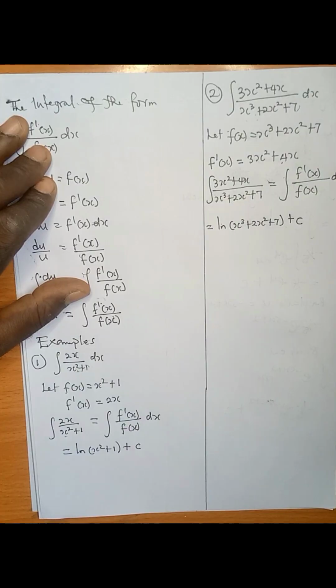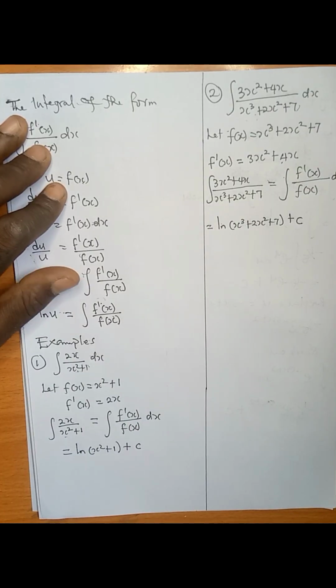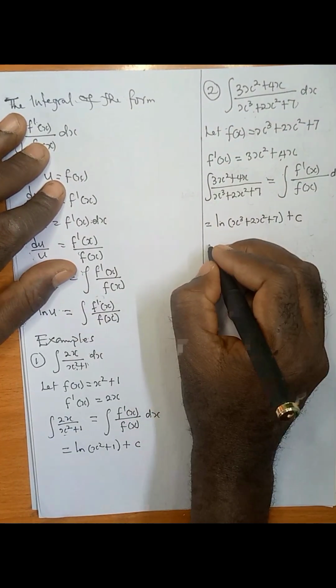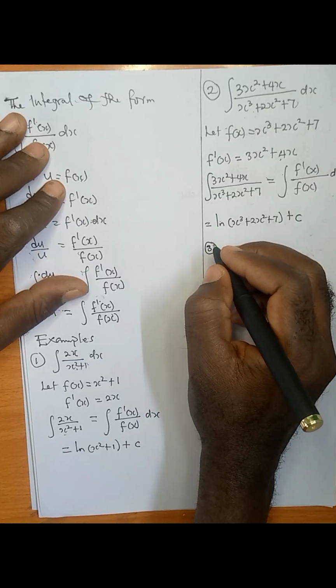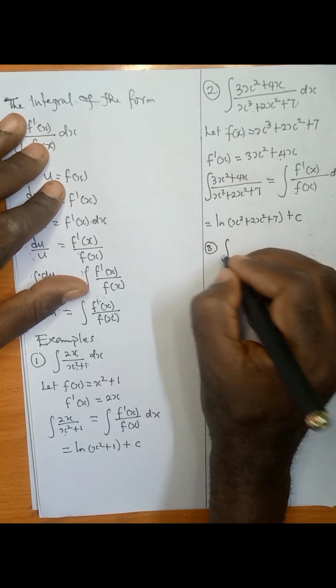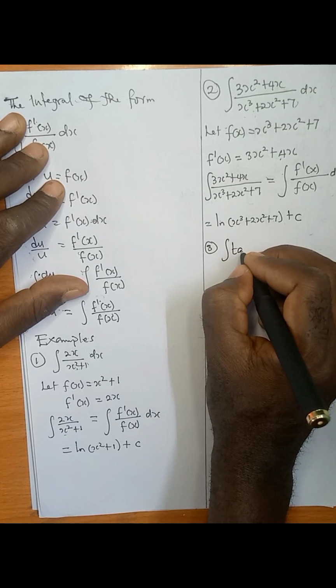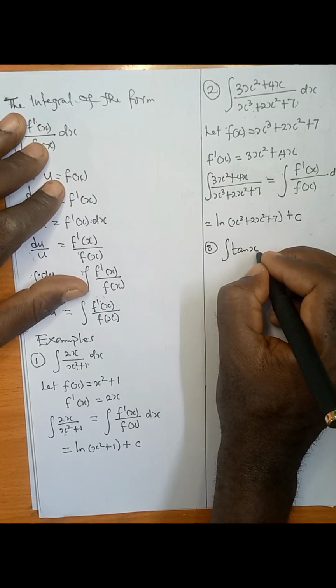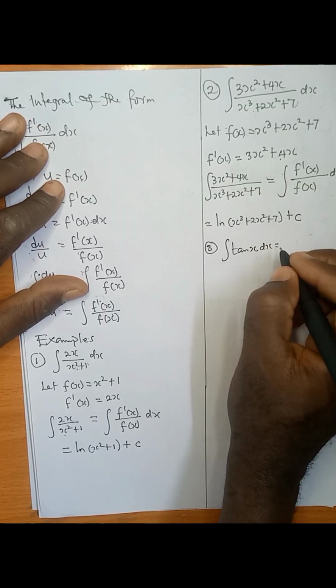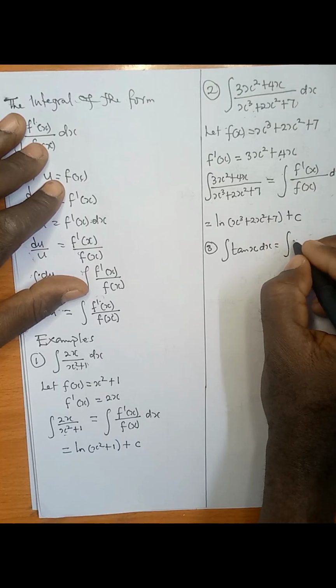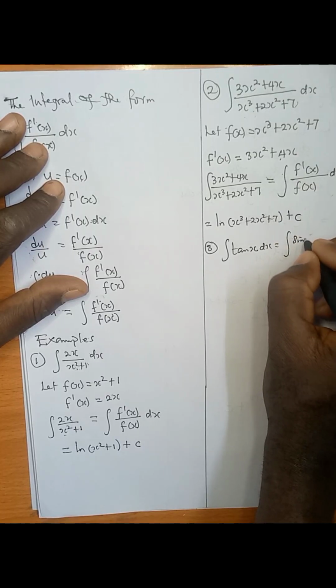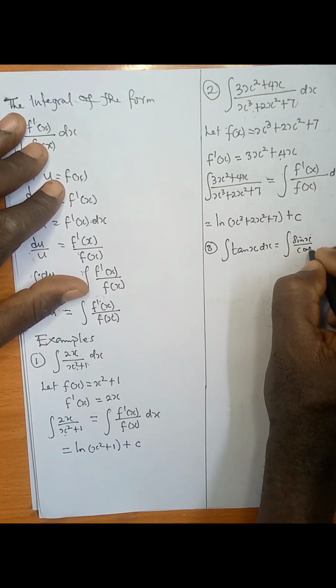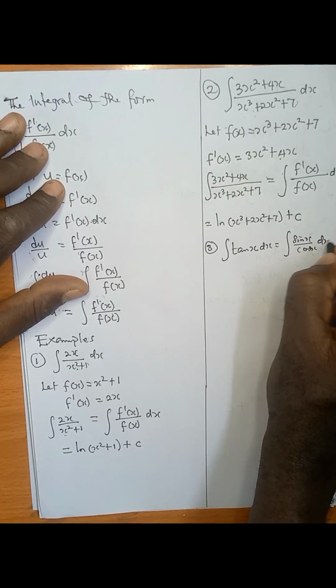Then let us take a look at another example. Number 3, we have to find the integral of tan x dx. Remember that tan x is equal to sine x over cos x, then dx.